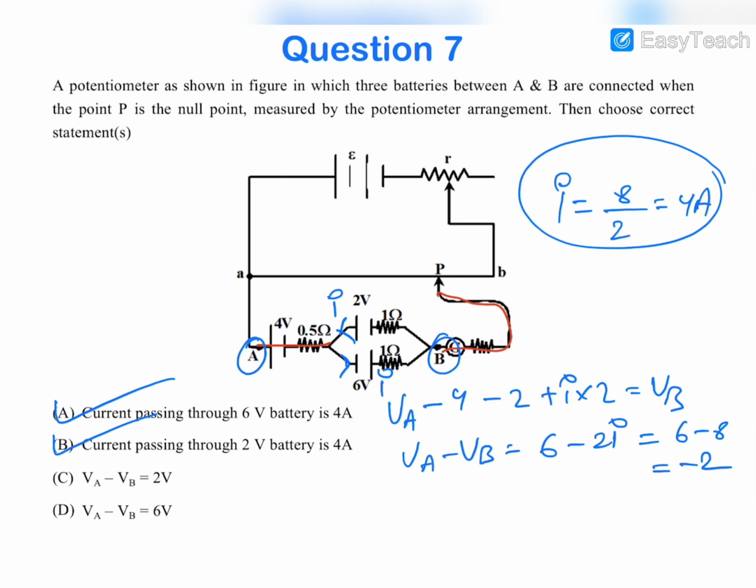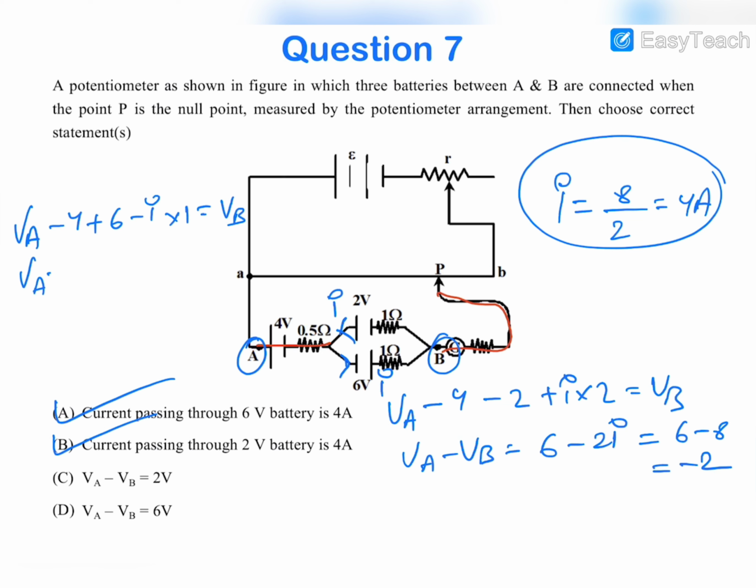Let us also reconfirm our answer by going from the downward circuit. So let us again apply the KVL. VA minus 4 plus 6, this is plus 6 and minus IR, I into 1 is equal to VB.